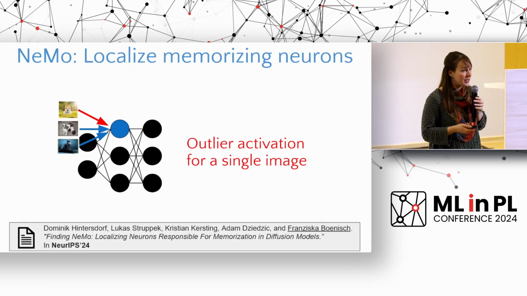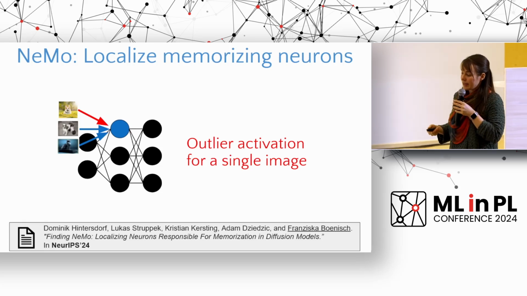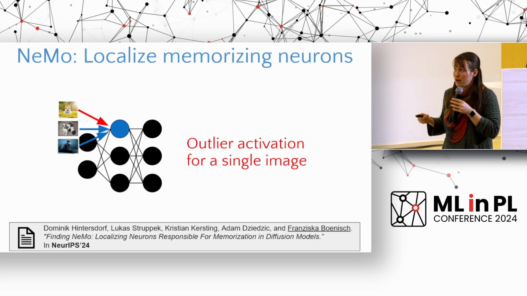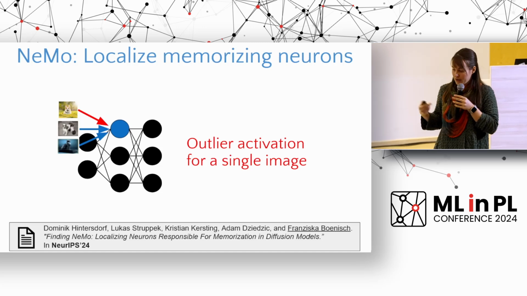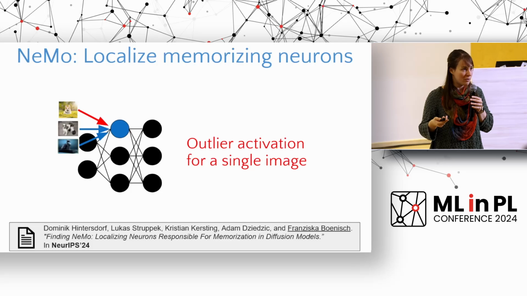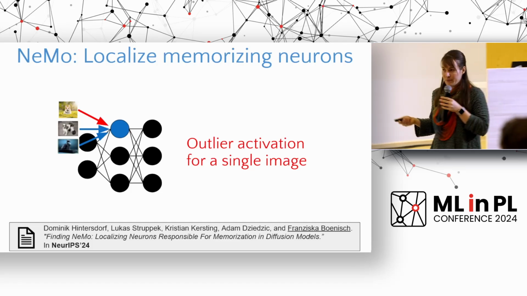And our intuition for identifying neurons that memorize data points is that if a neuron has a very strange activation, mainly much higher activation on one particular input data point than on any other data point, this neuron is most likely responsible for memorizing that data point.